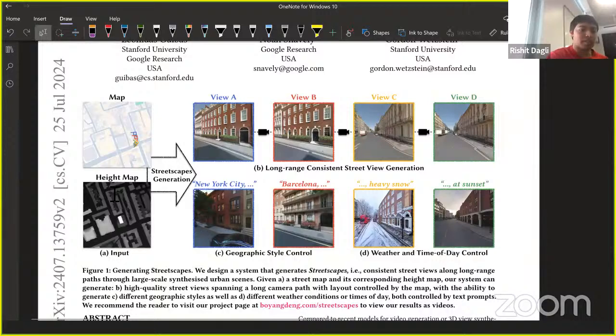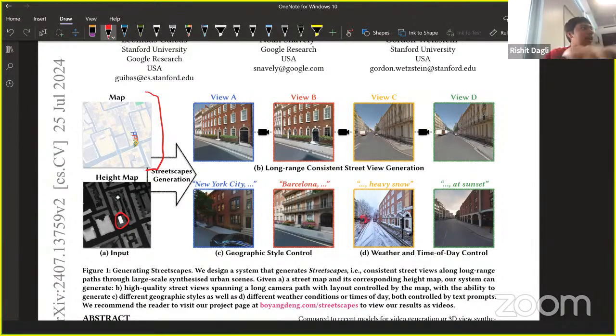street map. So this is the street map that a human or anything like that gets you, and then you get a height map as well. So you know how high buildings are, and for instance, they have this height map over here where this spot is really bright, so it should be the highest one.